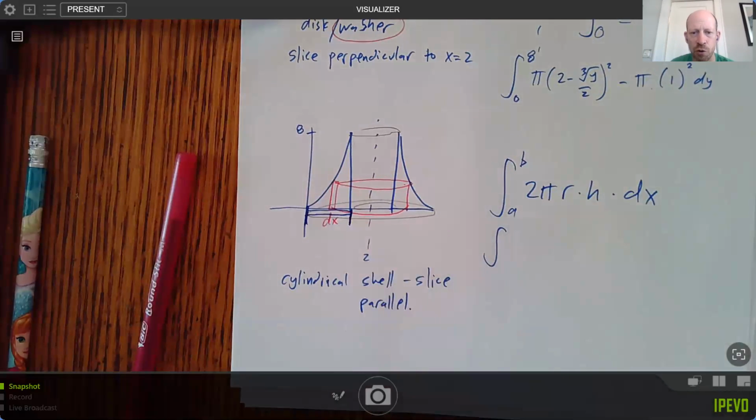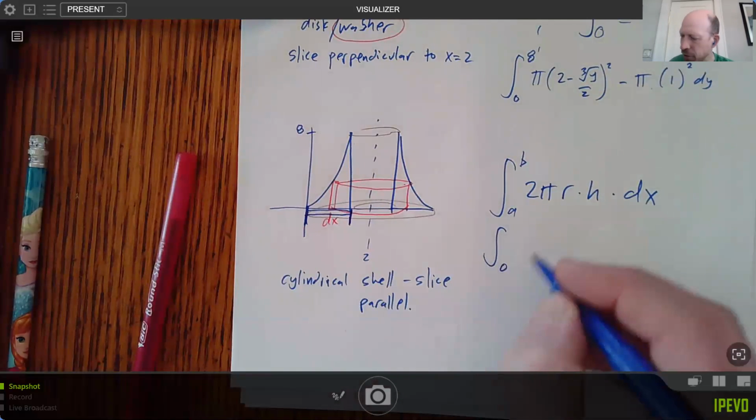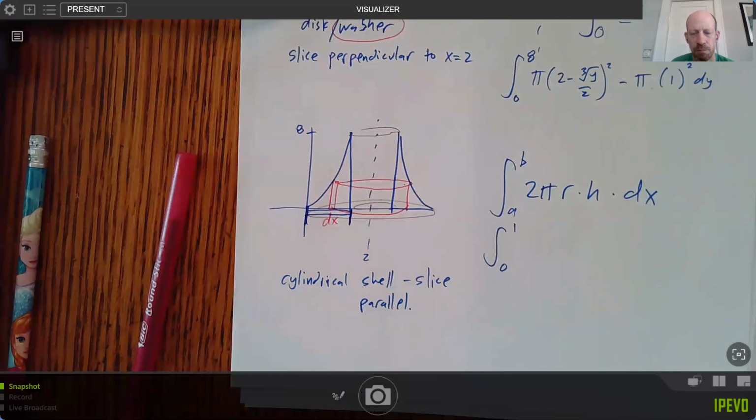I only want to go over my original area. My original area was just from 0 to 1. So that's what I want to integrate through. The bounds make no difference. 0 to 1 is certainly nice and easy, but that would make no difference in terms of how I set up the problem.